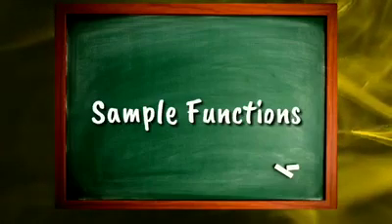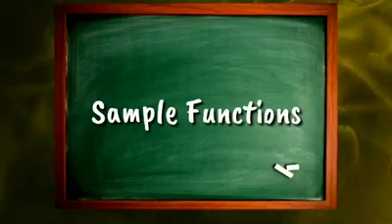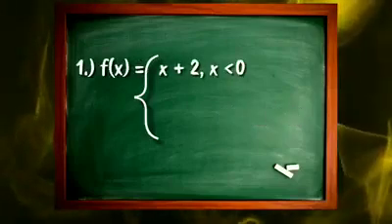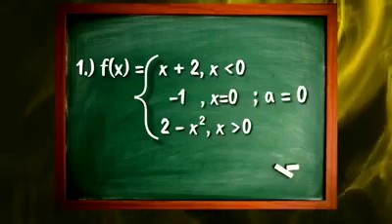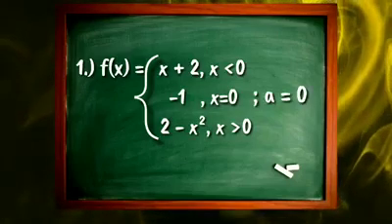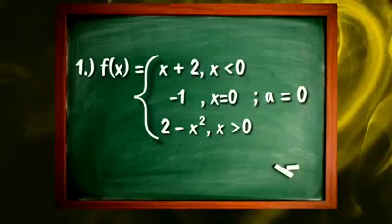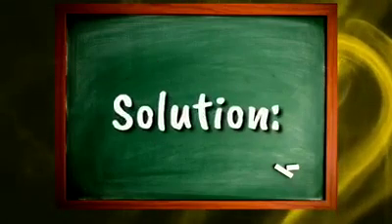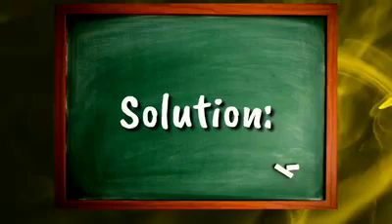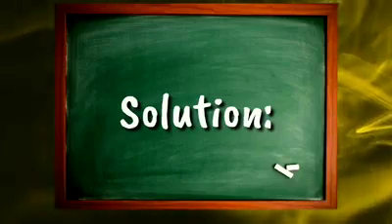Let's proceed to the examples that involve solving. Number 1. f of x is equal to x plus 2 when x is less than 0, negative 1 when x is equal to 0, and 2 minus x squared when x is greater than 0, where the value of a is equal to 0. So here's the solution.